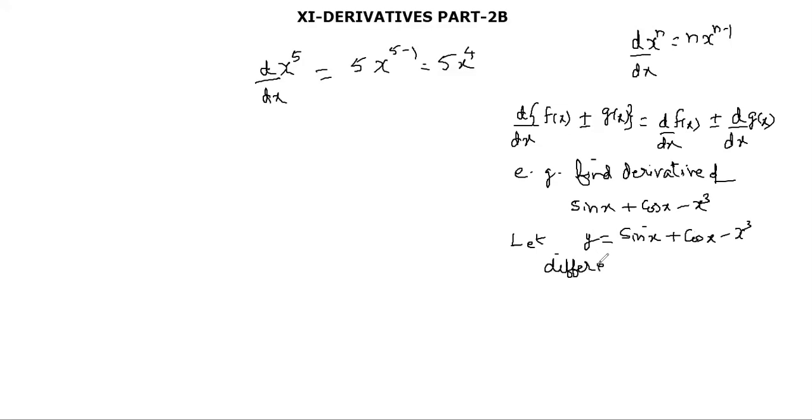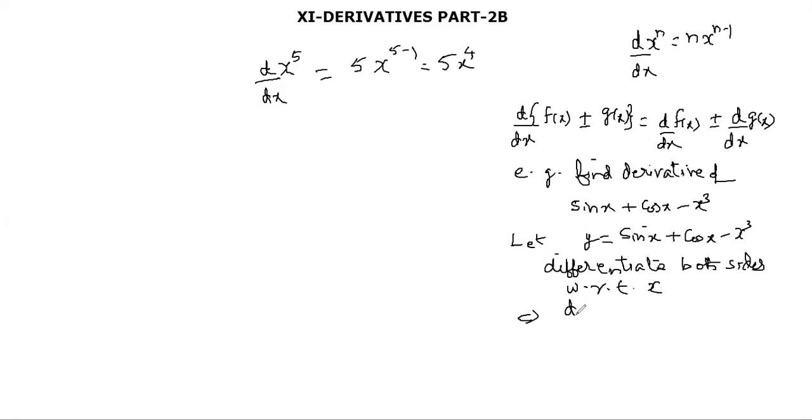Differentiate both sides with respect to x. Why with respect to x? Because it is a function of x, so we can differentiate only with respect to x.